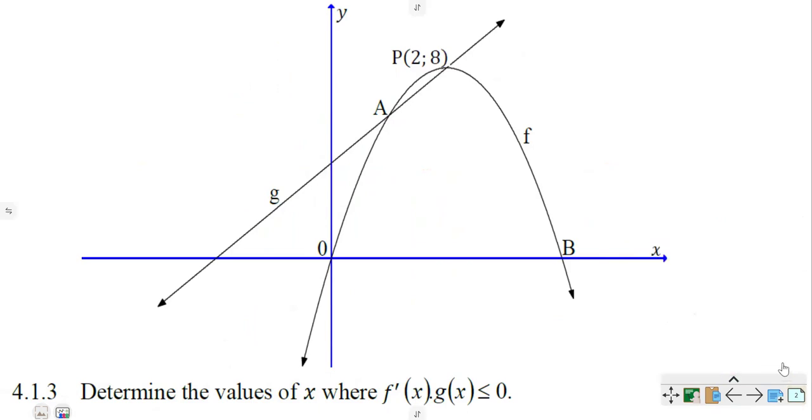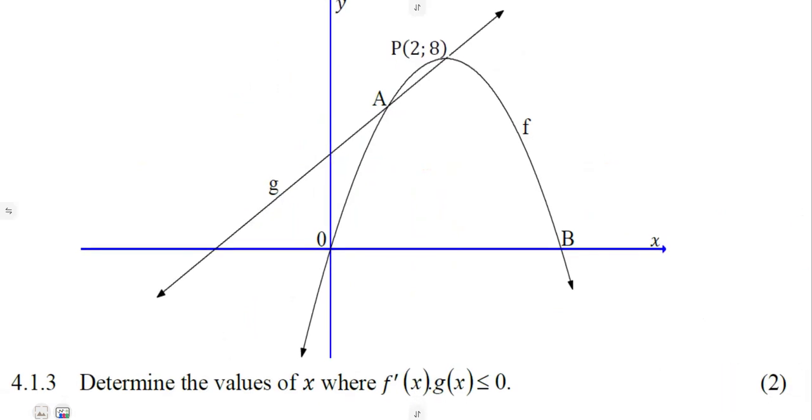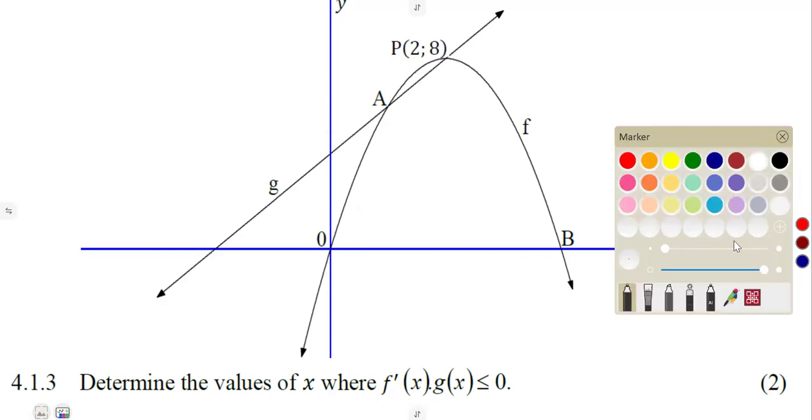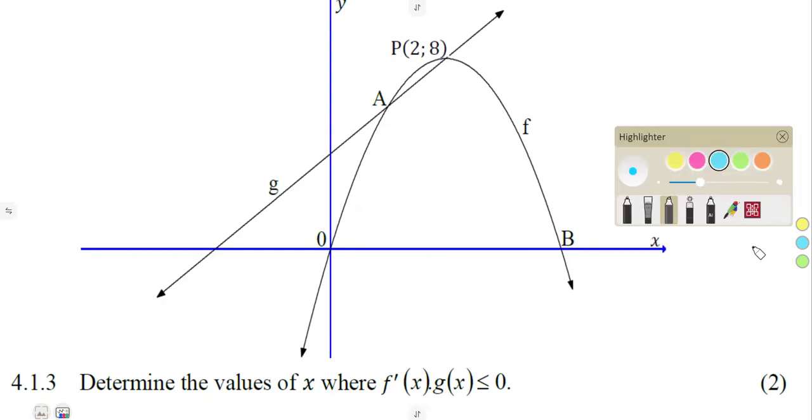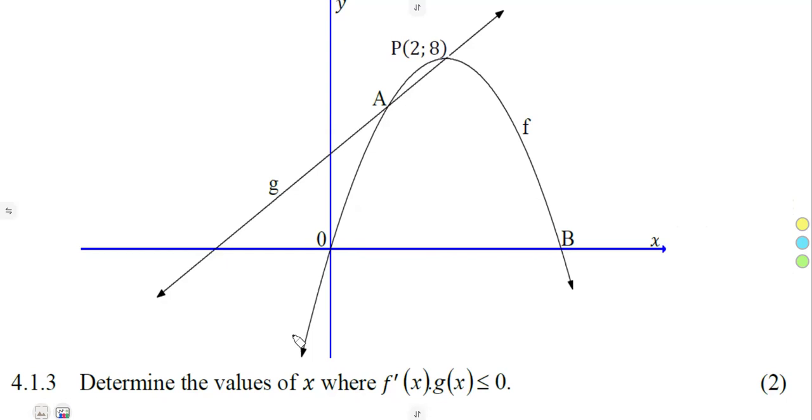They can give us something like this. This time we are comparing two different things, f prime and gx. All right, so let's see our f of x. Our f of x is a parabola. That one can be quite easier to work with because we just have to consider the turning point. So this is our f.